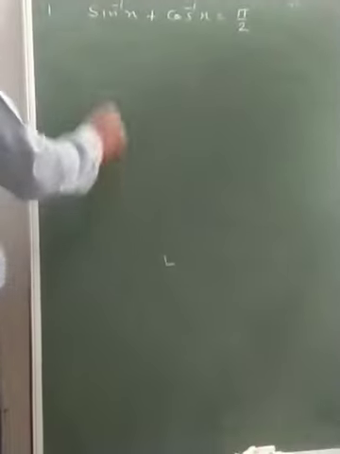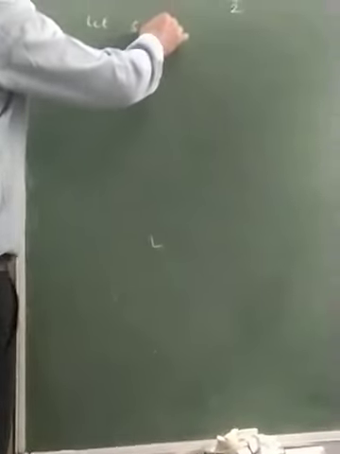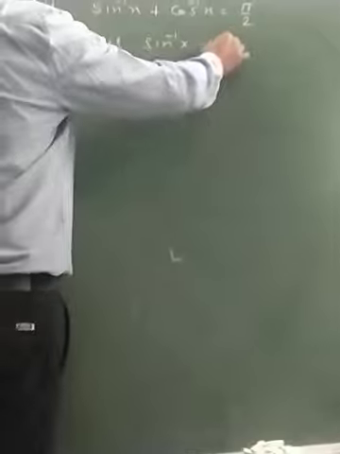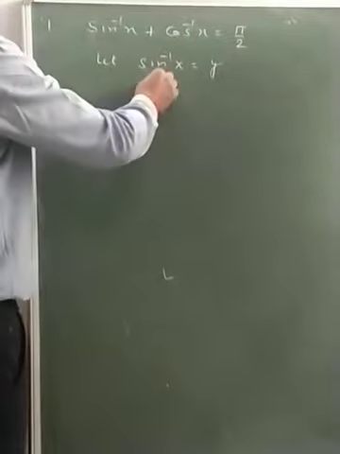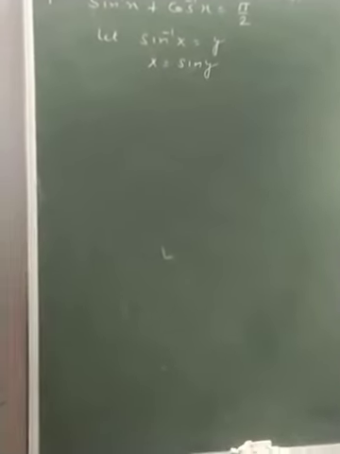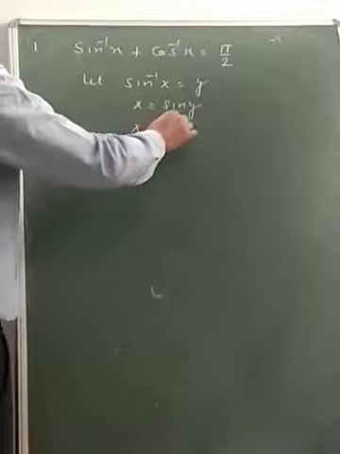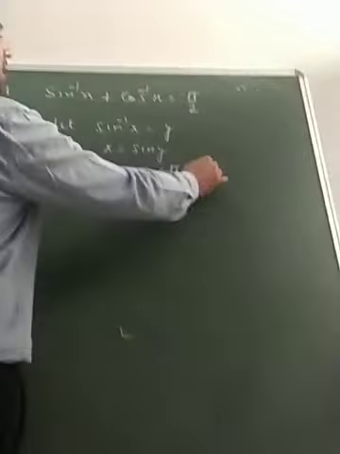So how will you prove it? Okay, so let sine inverse x be y. On the right side, sine inverse changes into sine y. Or you know sine theta is written as cos pi by 2 minus theta.